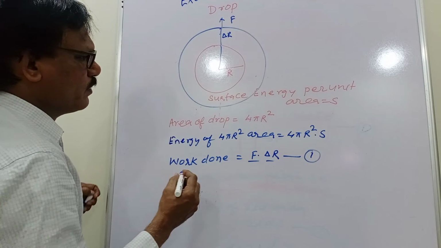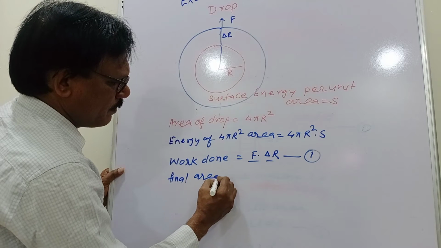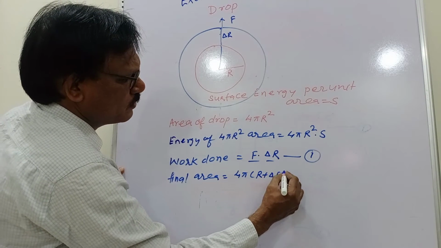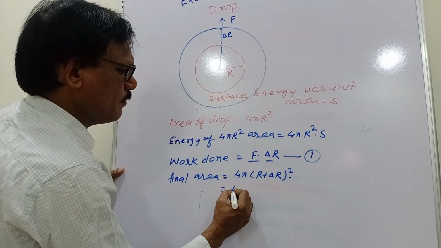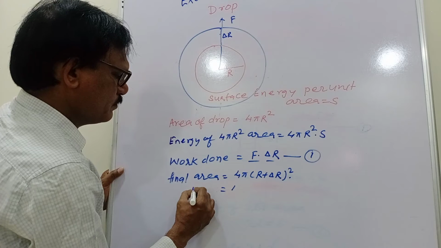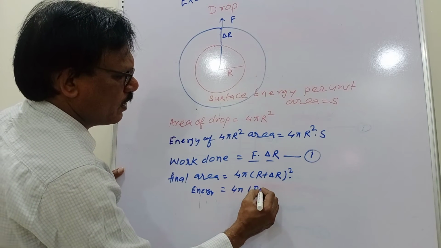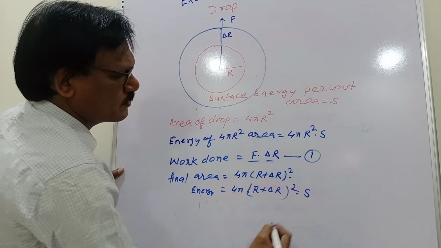So what will be the final area then? The final area will be 4 pi (r plus delta r) whole square, and the energy will be 4 pi (r plus delta r) the whole square into S.